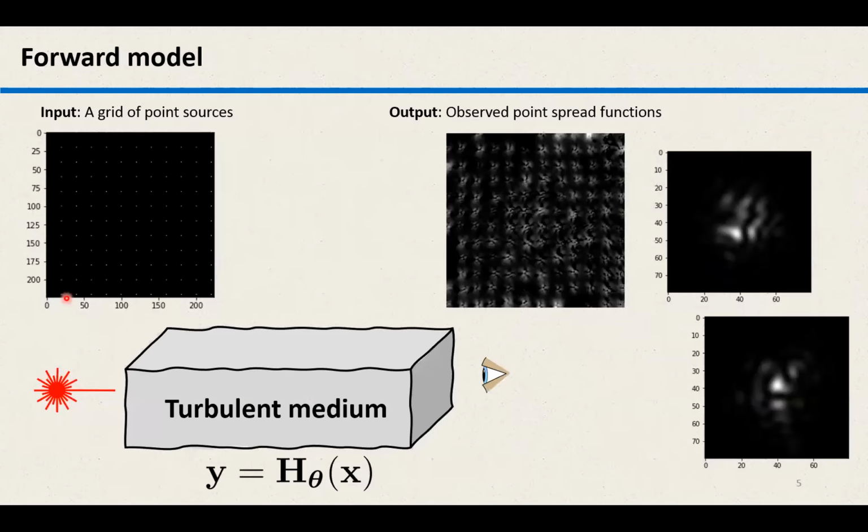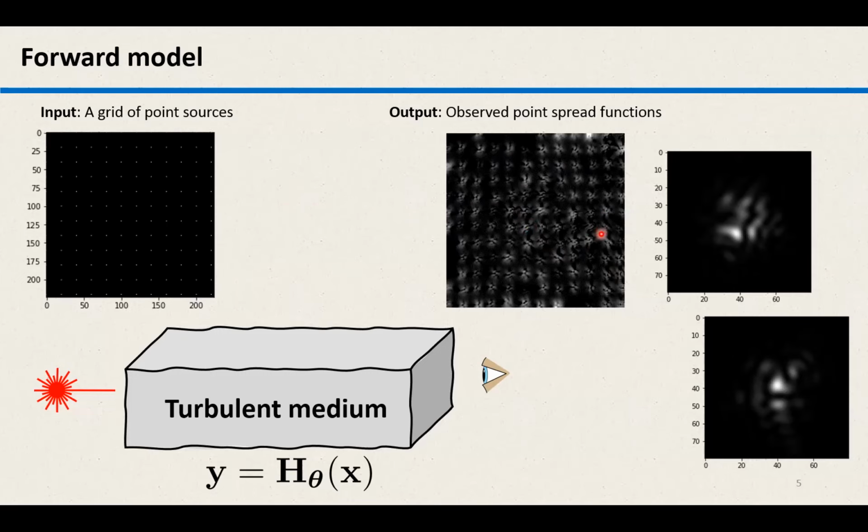Now, let me explain what a forward model is. You can imagine that the turbulence is a medium, which is the source of all the distortions. If you send an impulse, or in our case, you put a laser source, it would be a point source. You shoot through this turbulent medium, and then you observe at the other end of this medium. Then what will happen is that this grid of point sources is going to become something different at the receiver side.